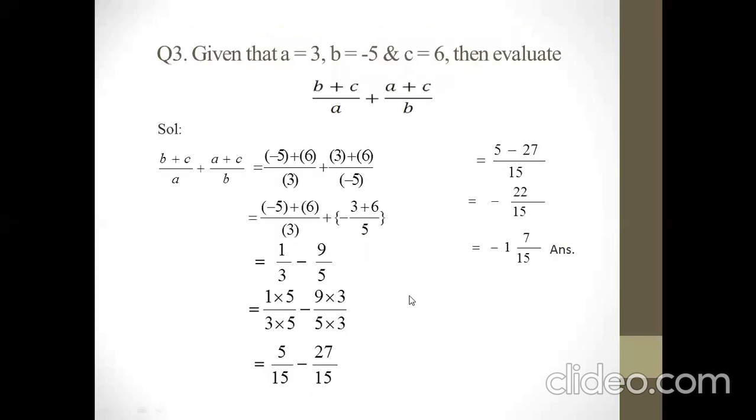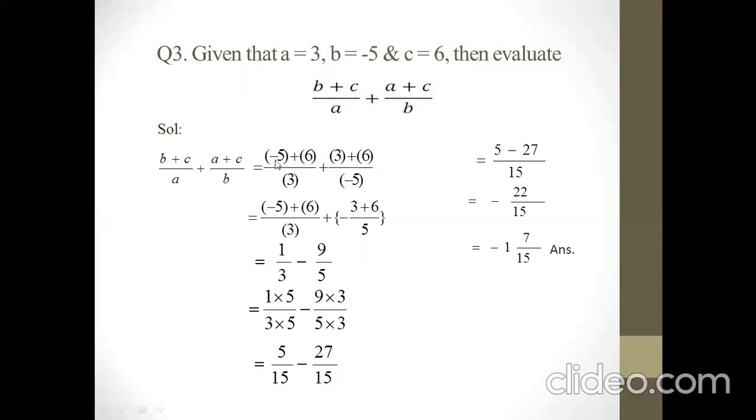Now the last example of this lecture is, suppose we have a equals 3, b equals negative 5, and c equals 6, then we have to evaluate this rational expression. Now what we have to do again, we will substitute all the values of b, c and a in the question within round brackets, right?